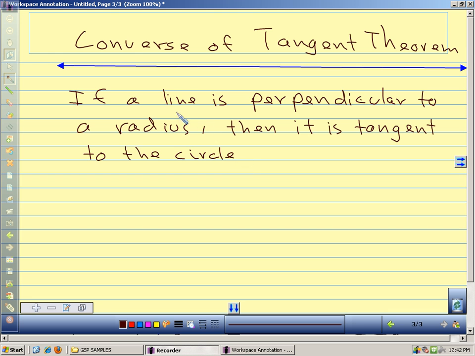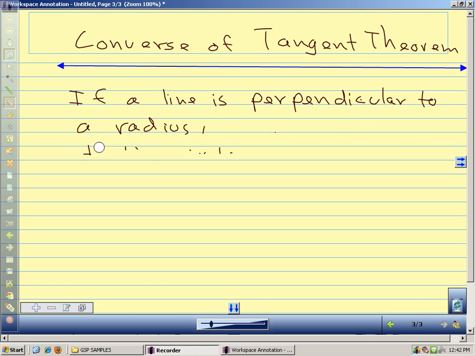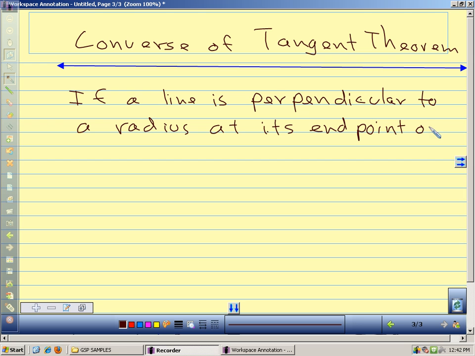And it's tangent, so we're saying it's perpendicular to the radius at the radius's end point. So I'm going to erase that and add that in, just so we make sure we know what we're talking about. So if it's perpendicular to a radius at its end point on the circle, then it is tangent to the circle.